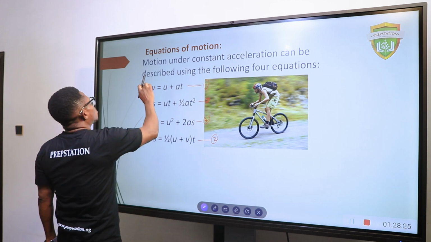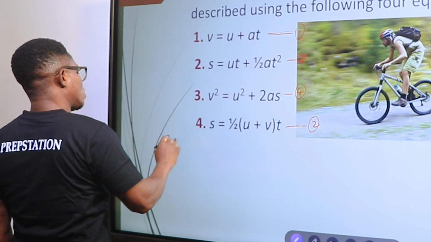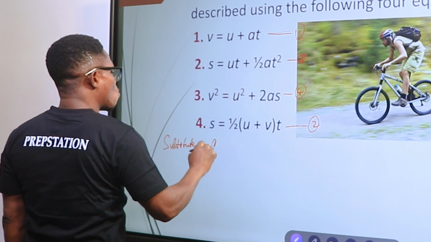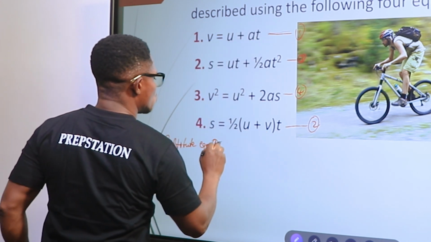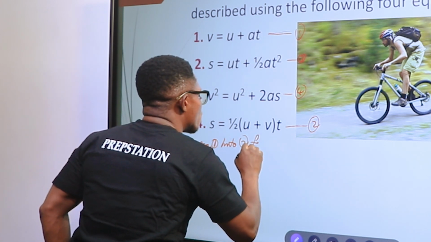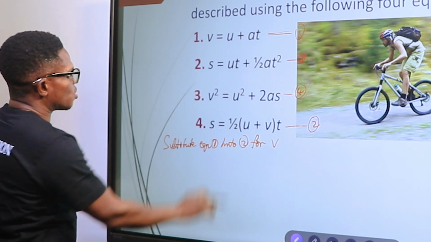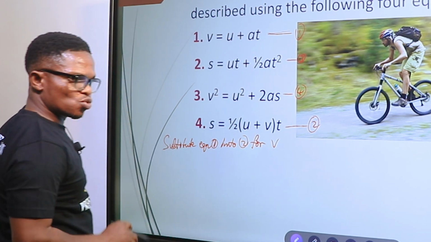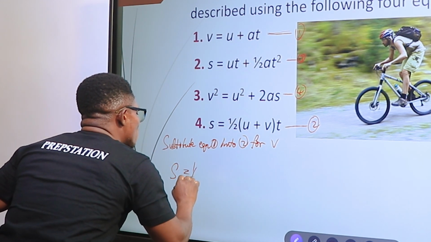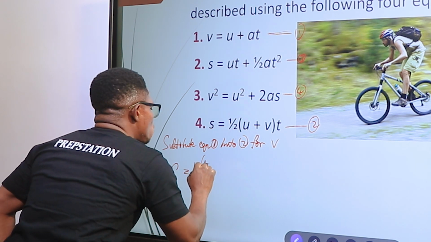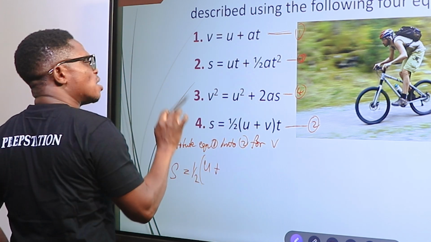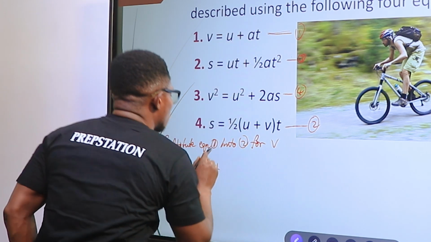All I need to do is to substitute. Follow me. Substitute equation 1 into equation 2 for V. So let's go. S stands for distance. So you have half into bracket U plus. Where I have V, I'm not going to write V. Instead, I'm going to write U plus AT.